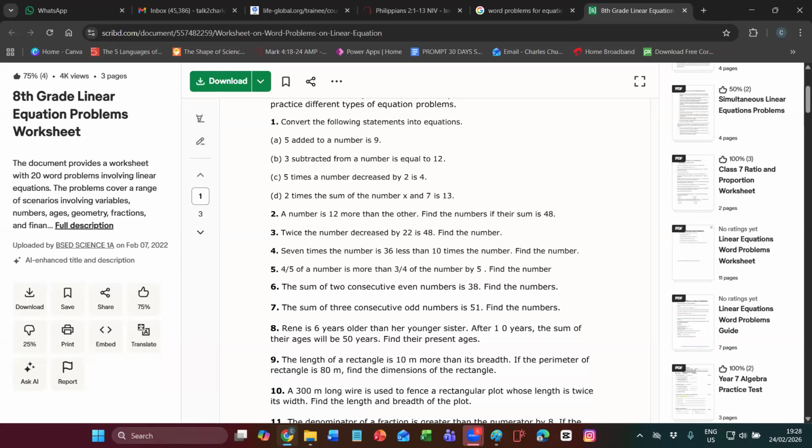Now, don't forget that there are two numbers involved here. You have just told me what one of them is, x plus 12. So what will be the second one? More than the other.